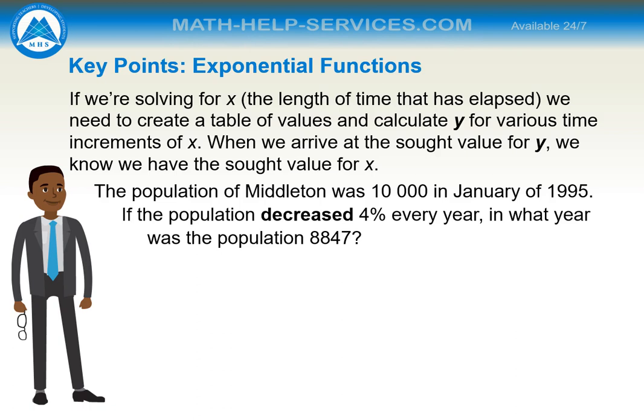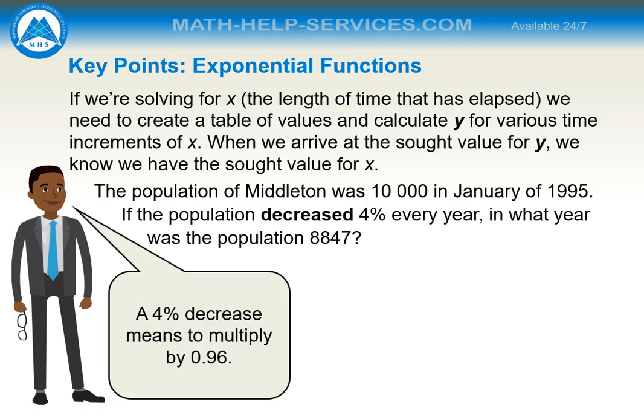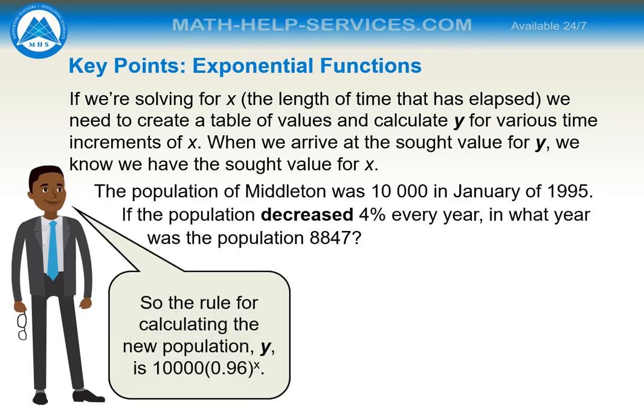If the population decreased 4% every year, in what year was the population 8,847? Well, a 4% decrease means to multiply by 96 hundredths. So the rule for calculating the new population y is 10,000 times 96 hundredths raised to the x.